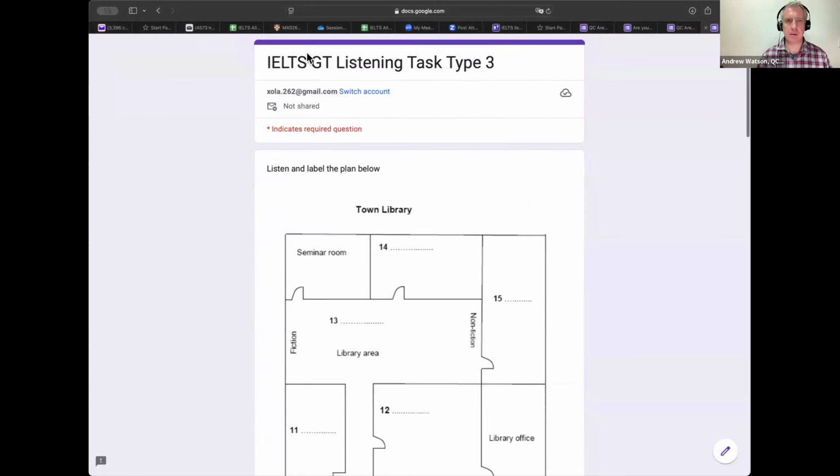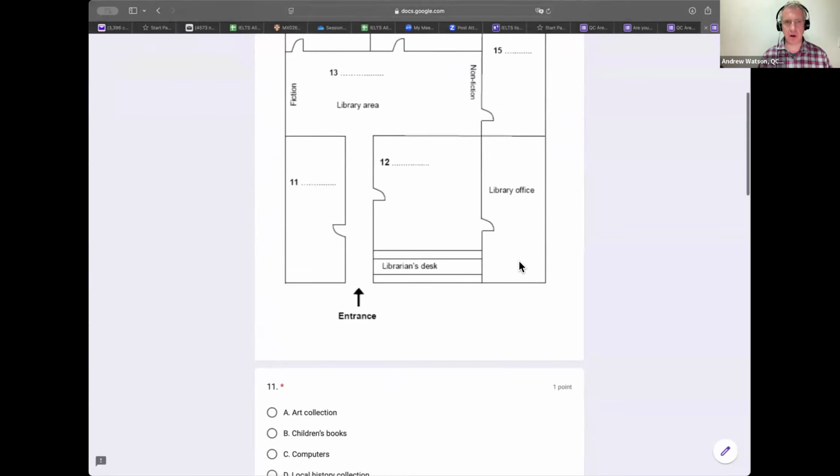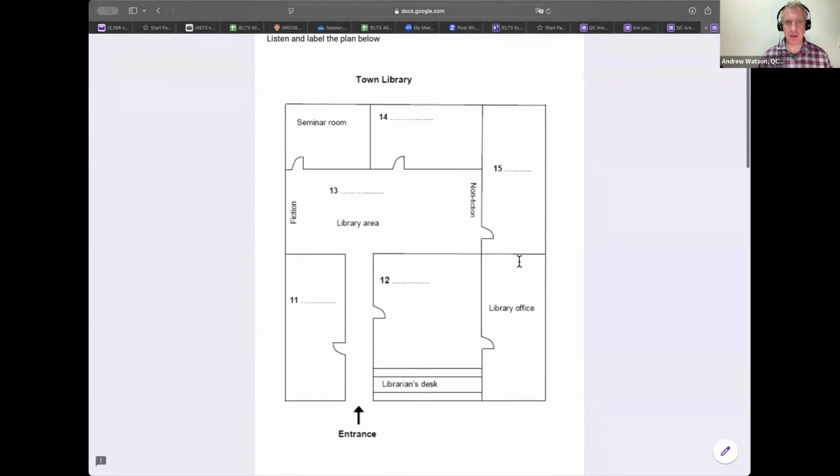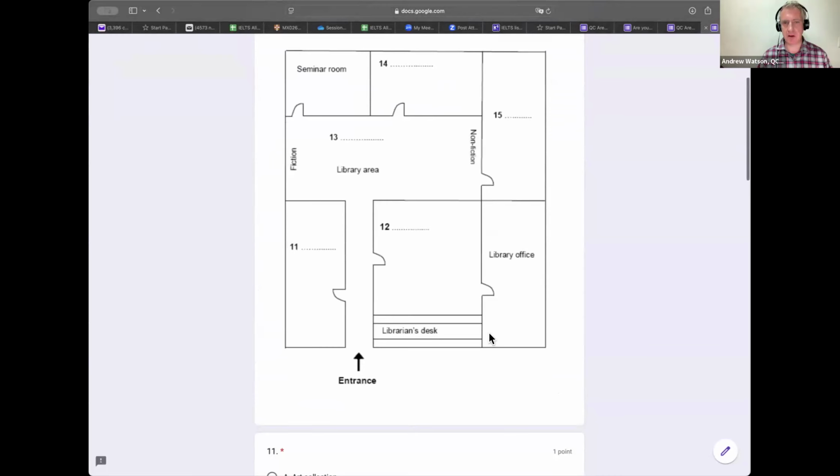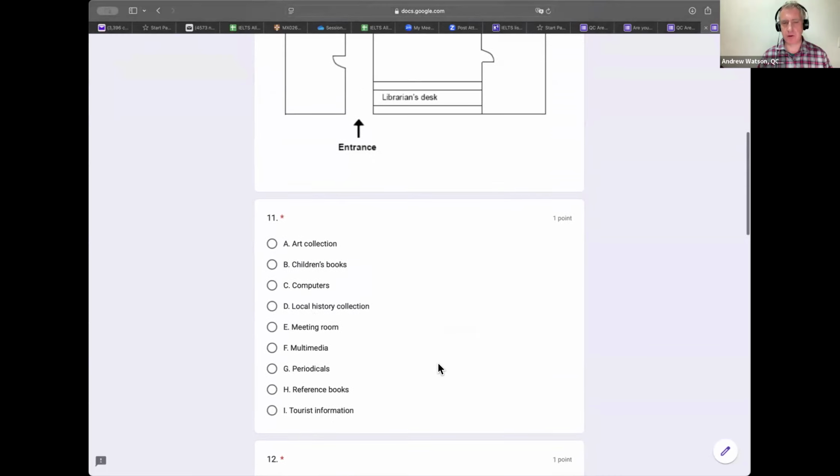And there are just 4 questions. So you have to listen and label the plan, the different parts of the little rooms, right?